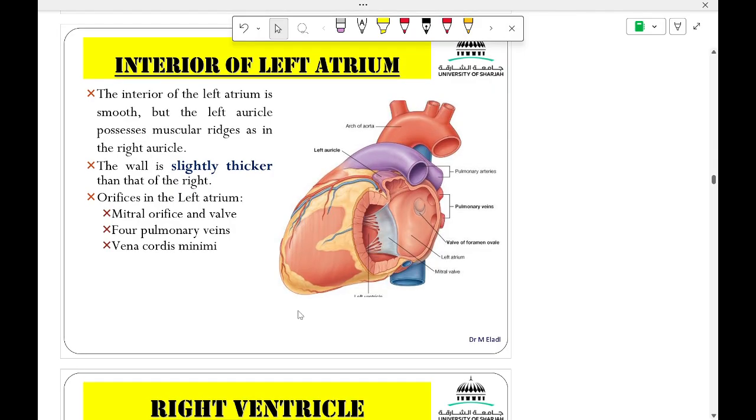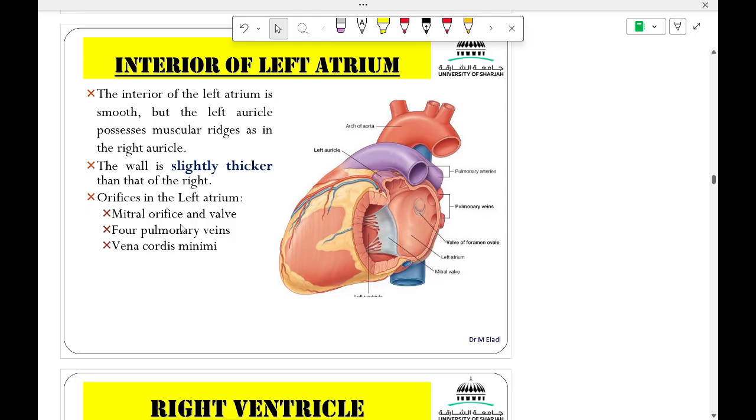Now, the interior of the left atrium is slightly different from that of the right atrium in the sense that it's going to be smooth, so it won't have any pectinate muscles. In this case, the pectinate muscles will lie in the left auricle, all right? Now, the wall is going to be a bit thicker than that of the right atrium, and it's going to contain different orifices.